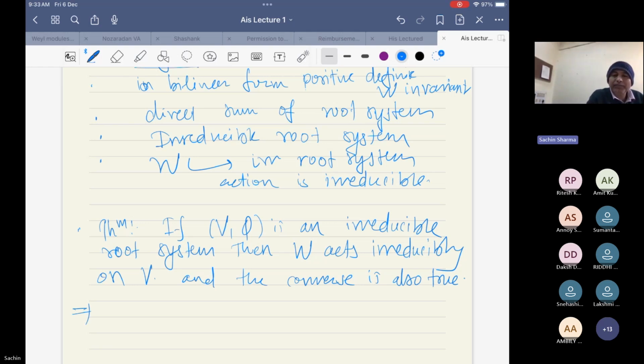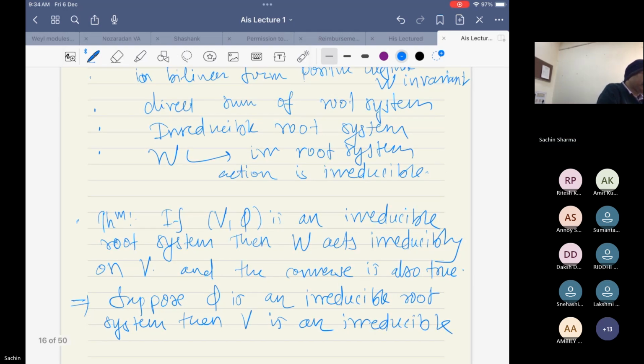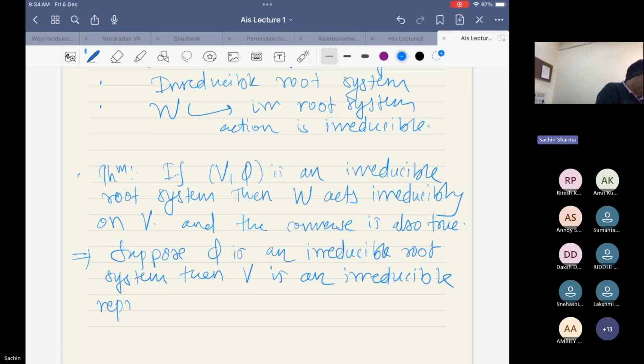So we would like to show that suppose Phi is an irreducible root system, then V is an irreducible representation of the Weyl group W of Phi, or simply I'll write W.